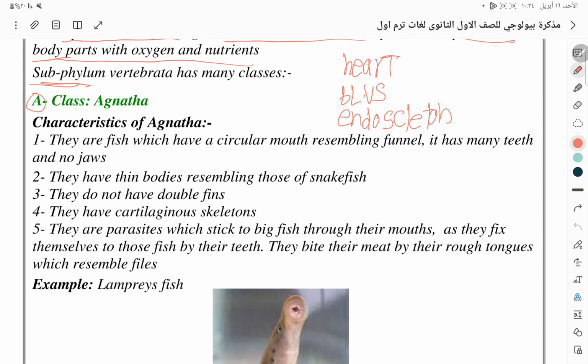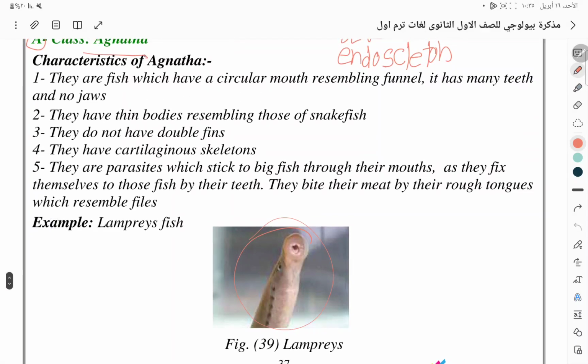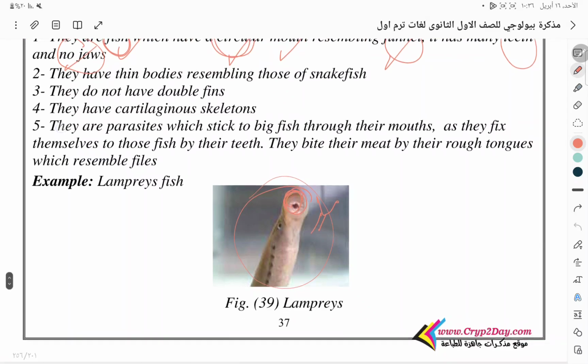First class, Agnatha. Class Agnatha has many characteristics. They are fish with a circular mouth resembling a funnel, many teeth and no jaw.